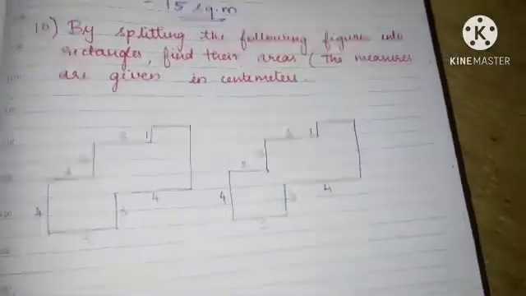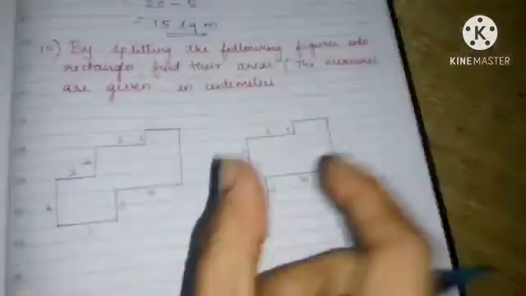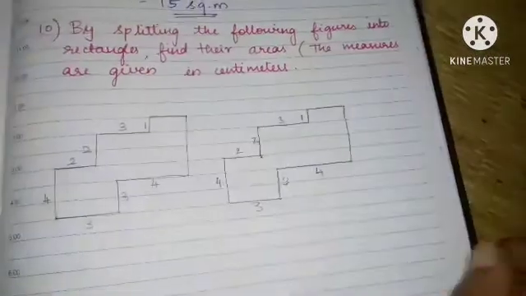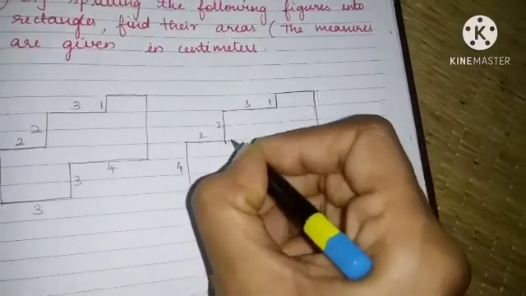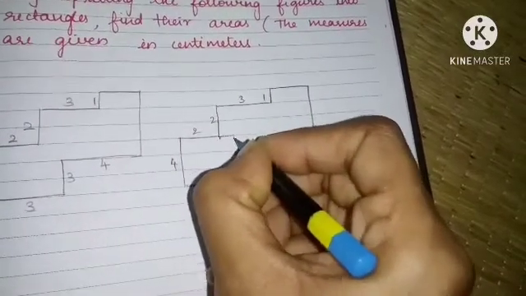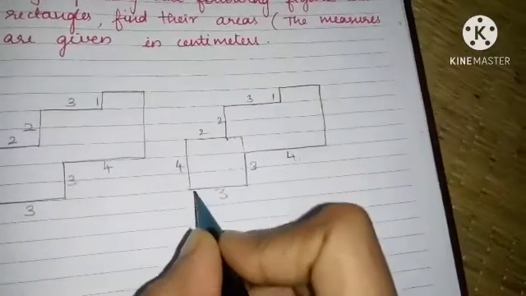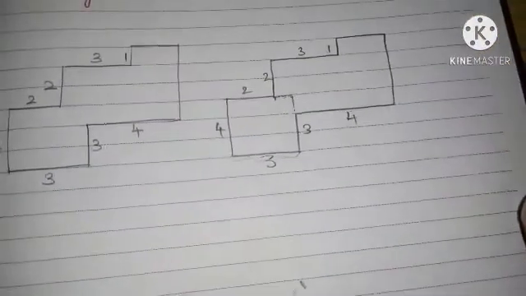Now what we have to do is split this total figure into small rectangles and find the area of this figure. Now listen, I am just going to convert it like this. In a rectangle, opposite sides are equal, that you know, right?